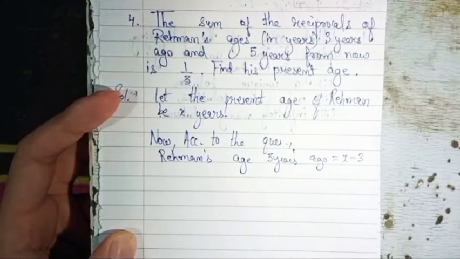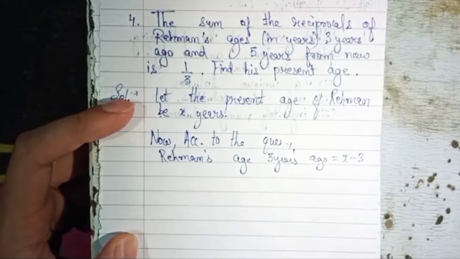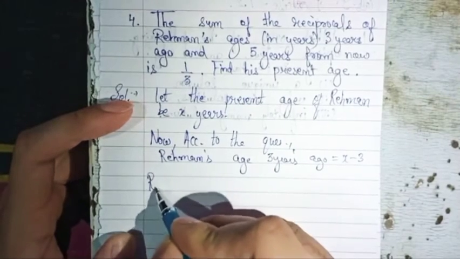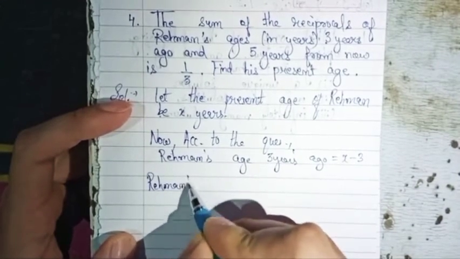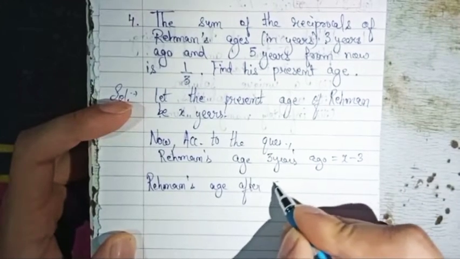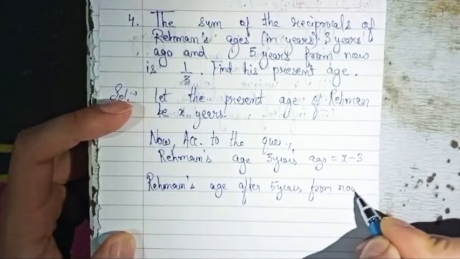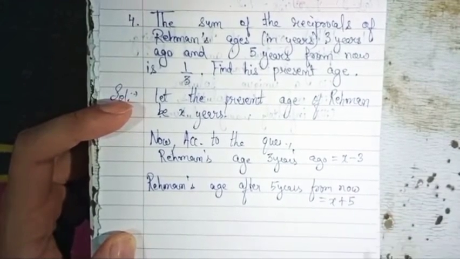So similarly 3 years ago he was x minus 3 years old. Now after 5 years from the present age, that is x, Rahman's age after 5 years from now will be equal to x plus 5.